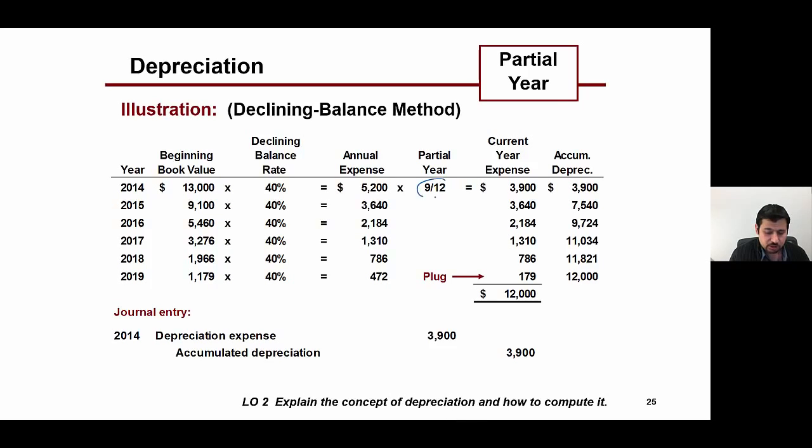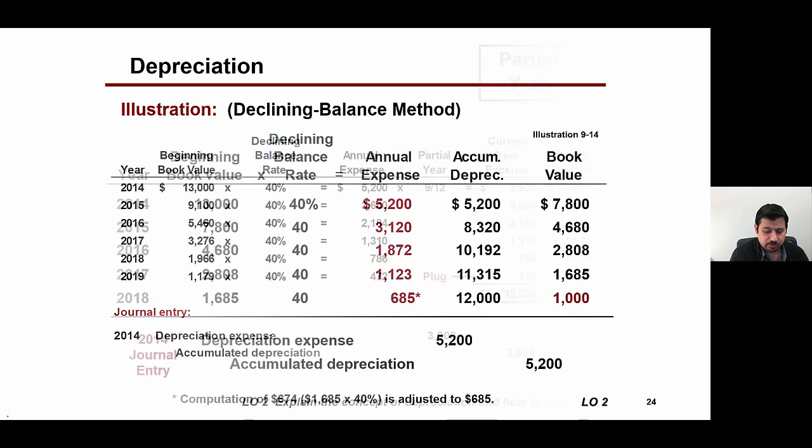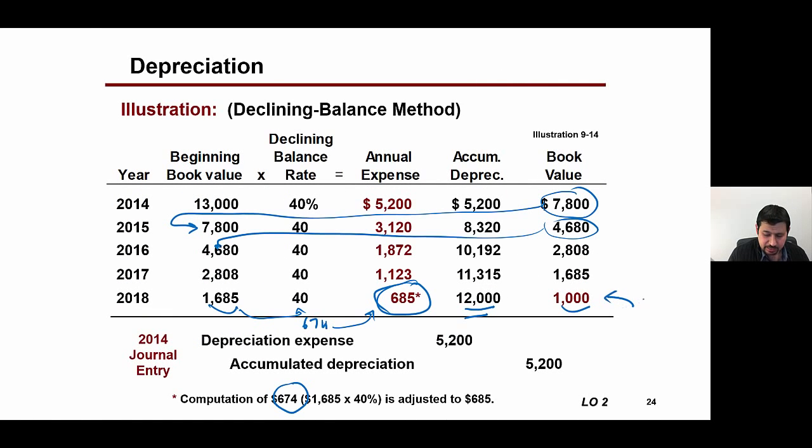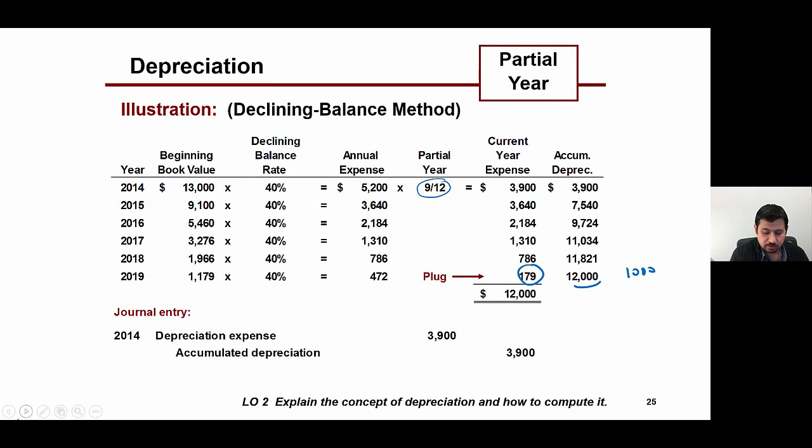Once again, we have here 912, and then in the last year, we plug in the number that is necessary to get to an accumulated depreciation of 12,000, which would give us the new book value of 1,000, which is also the salvage value. So, as you can see, this is again the salvage value, and here we do the same thing.